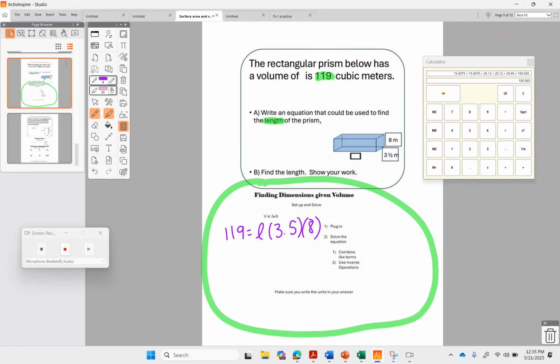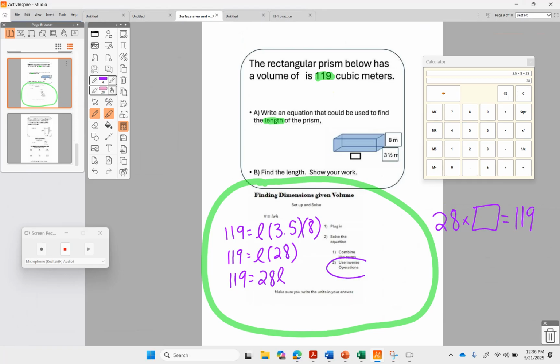Okay, now we need to solve the equation. So 3.5 times 8, I can multiply those as 28. So 119. But remember, we don't write algebra like that, right? We do 28L. So you are saying 28 times some number, which we're calling L, is 119. You need to use inverse operations.